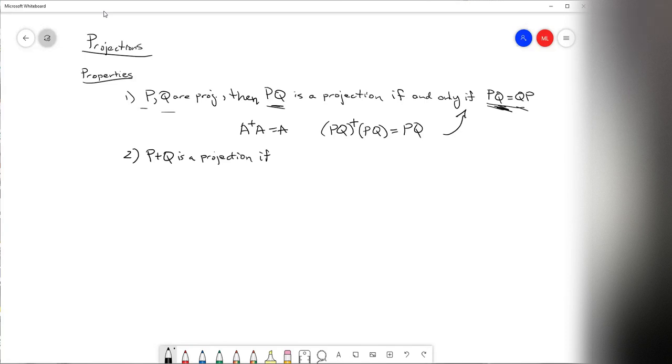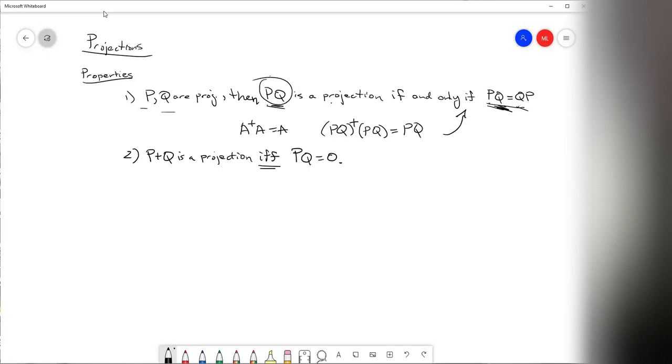That's what that phrase means: PQ being a projection is the same as saying that PQ is equal to QP. The implication goes in both directions. Sometimes people write that as iff, with two F's. And so P plus Q is a projection if and only if PQ is equal to 0, the null operator, just like multiplying by 0.